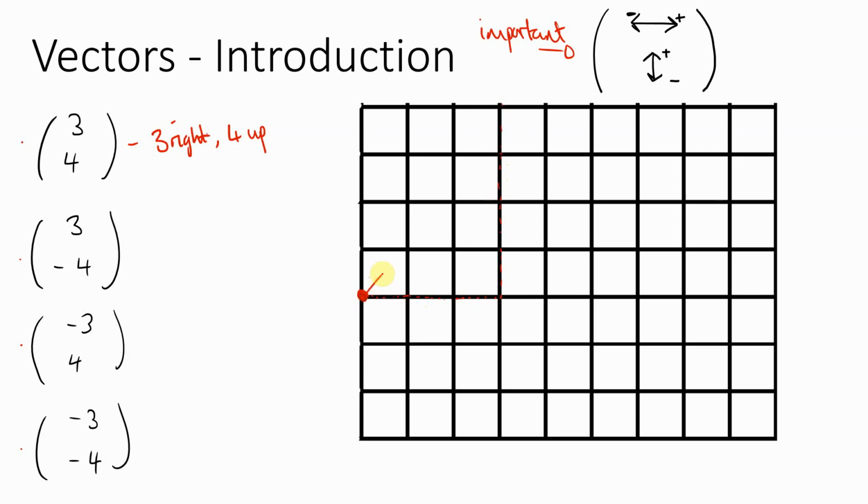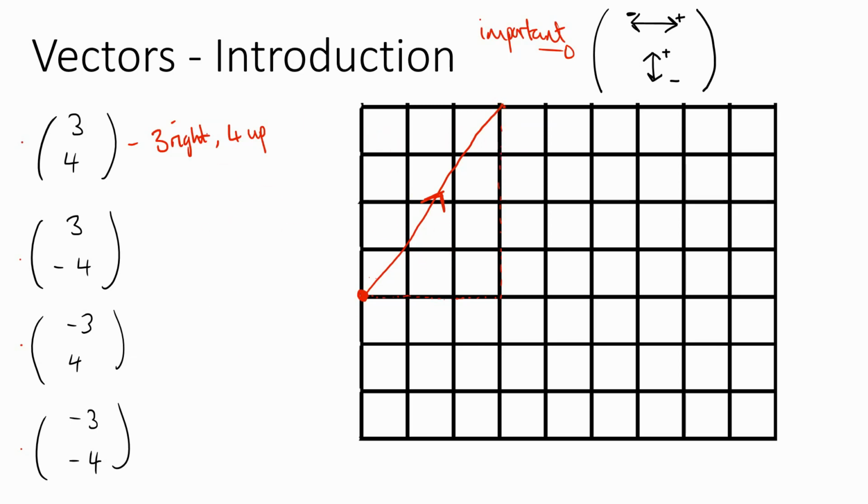So the vector is this movement here. And you always want to put an arrow on your vector to show that we've started at this point and ended in the top right. If you don't put an arrow, people might think we're going downwards, and that would be a different vector. That would be -3, -4.